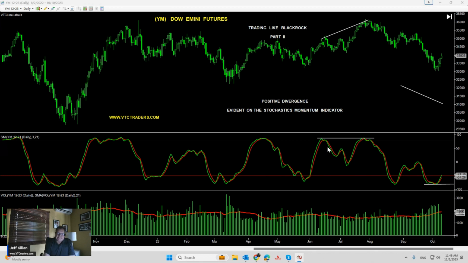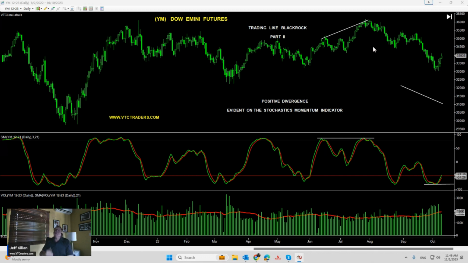In this case, one peak on the indicator here, the stochastics momentum index, as compared to this peak, but with a much lower pivot point high as compared to a higher pivot point high at this point, indicating the pent-up selling pressure that was being created at that time to then drive the market down for a strong sell-off.